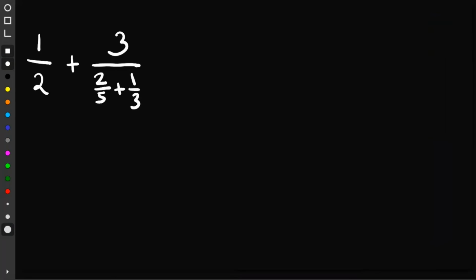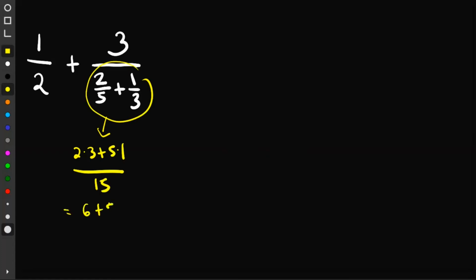Now for this one, since there's no fraction in the numerator, we can actually apply the addition formula in this one, or what we call the butterfly method. So applying that in here, this would become 2 times 3 plus 5 times 1 all over 15, which is equal to 6 plus 5 all over 15, which is 11 over 15.